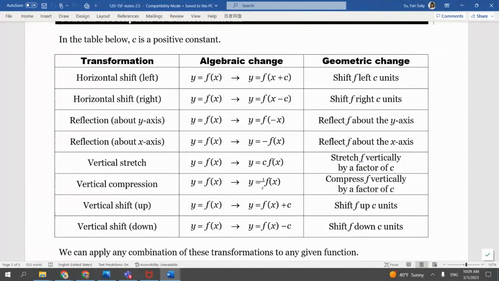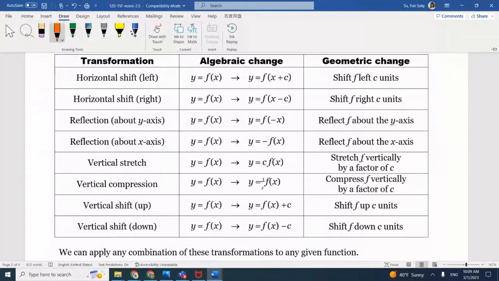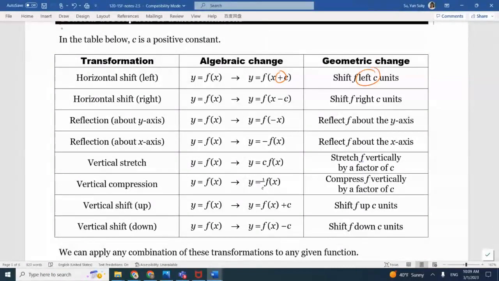Horizontal shift is when we change the x, and the y remains constant. So plus is left. Draw it. Plus is left, and minus is right. Reflection.